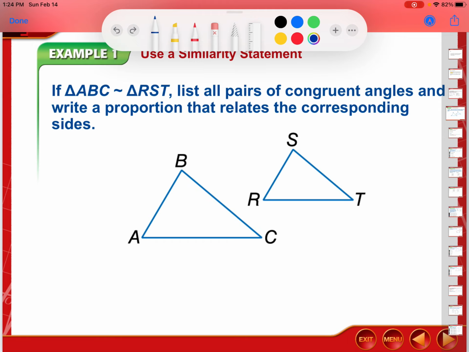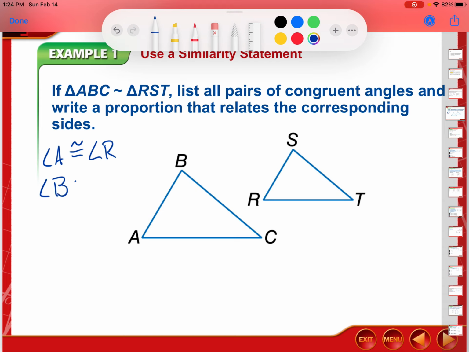Now, our congruent angles are going to correspond in our similarity statement. So, right away, I can say angle A is congruent to angle R because they're in the same relative position.